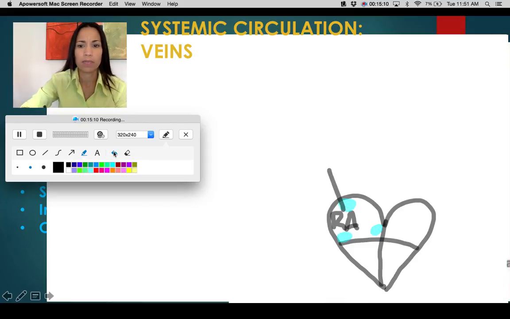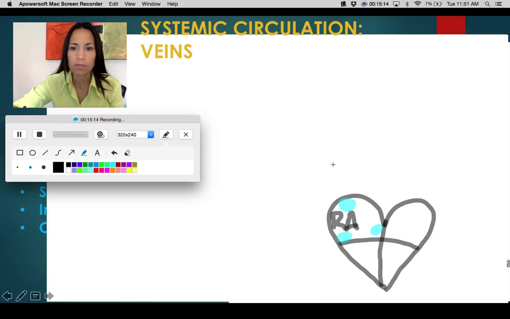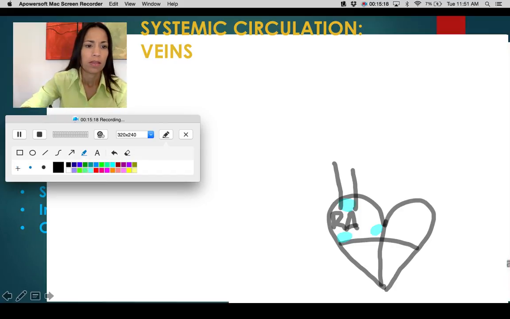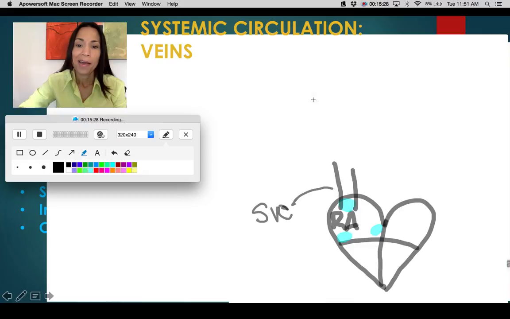That's an ugly superior vena cava. Okay, let me see if I can label this so we're oriented. That's superior vena cava, okay?